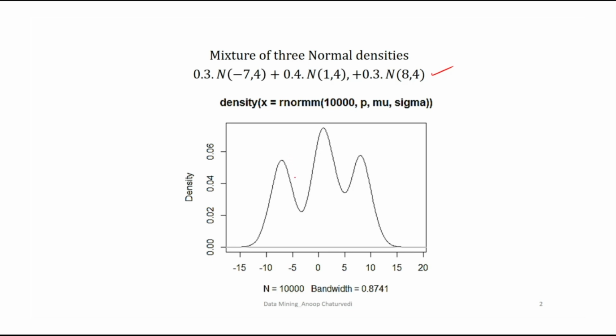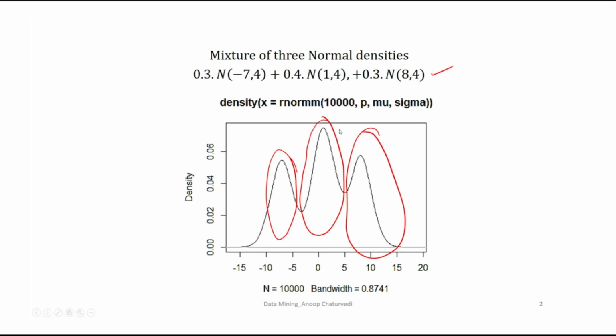Say some of the observations are from this particular distribution, some of the observations are from this particular distribution, and some observations are from this particular distribution. So, your observations may show clustering behavior. The observations may belong to three different clusters.